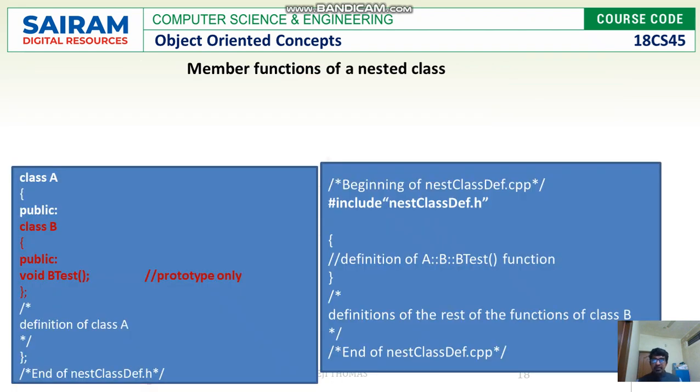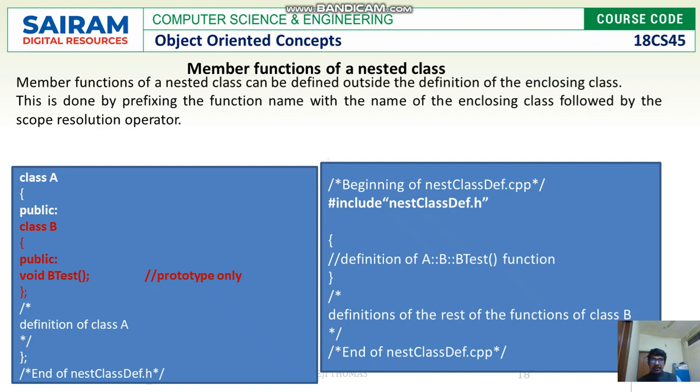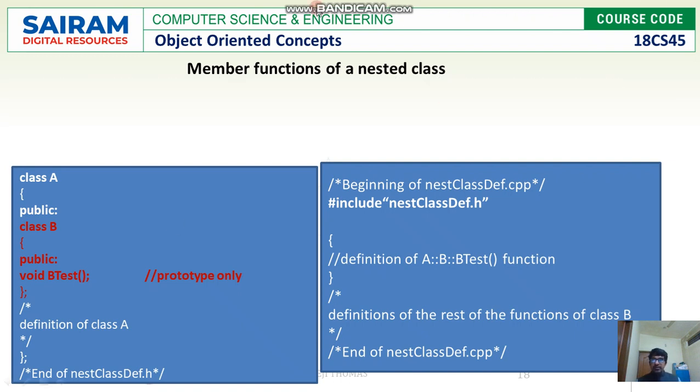So next let us see the member function of a nested class. You can see the class A here, where it has got a nested class called B, and the nested class B has got a member function where we have written only the prototype.